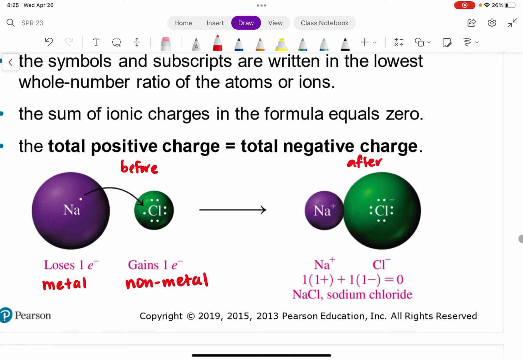After that sodium gives away its electron to chlorine, that sodium has a 1+ charge because it lost 1 electron, and it now has 1 more proton than electrons. Likewise, chlorine gained an electron, so it has 1 more negative charge than positive charges in its nucleus.